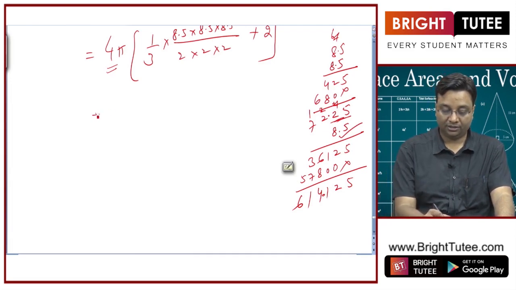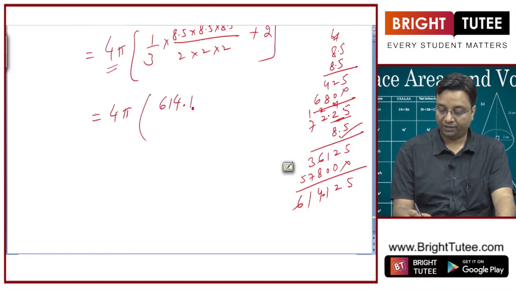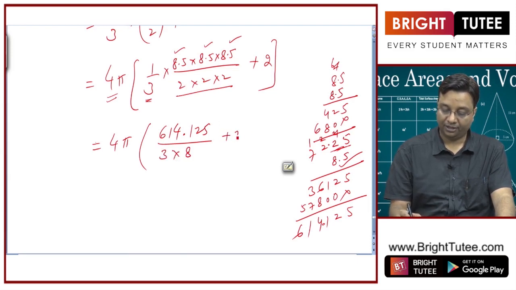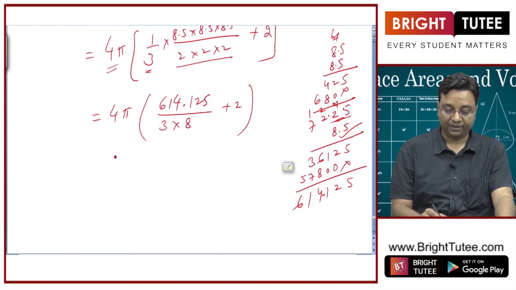So this is 4 pi, 614.125 divided by, this is 3, this is 8, 3 into 8, plus 2. Okay, so what we can do is 4 into pi has to be taken as 3.14.